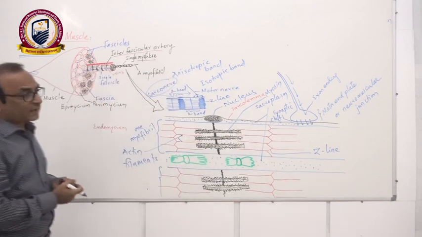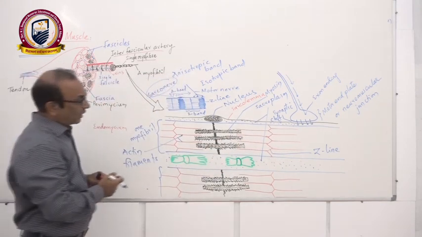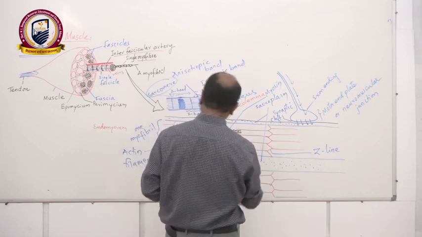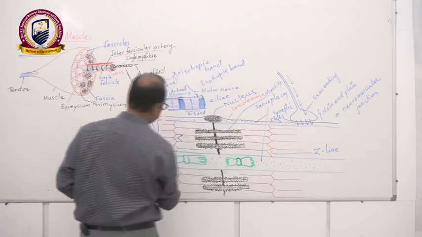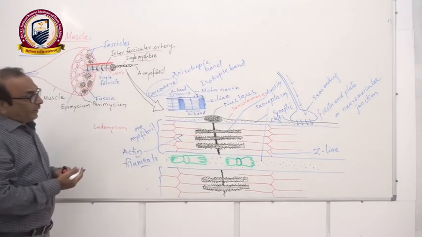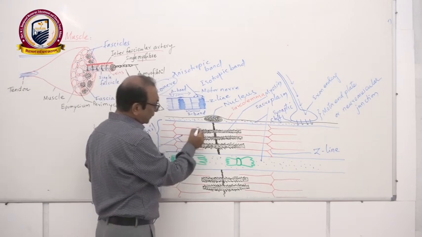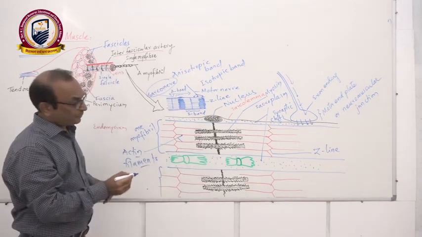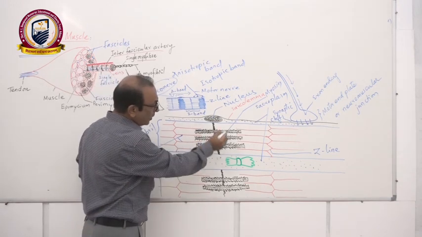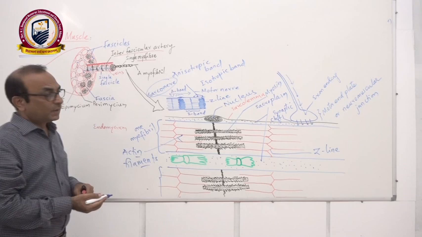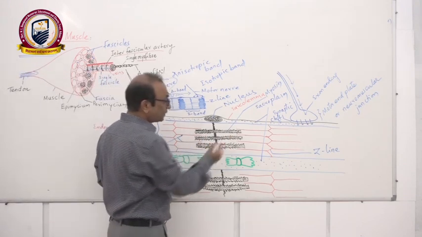And attached to these zigzag lines are the thin filaments, which are called actin filaments. And these actin filaments are slightly overlapping in between the myosin filaments. Myosin filaments are thick ones.